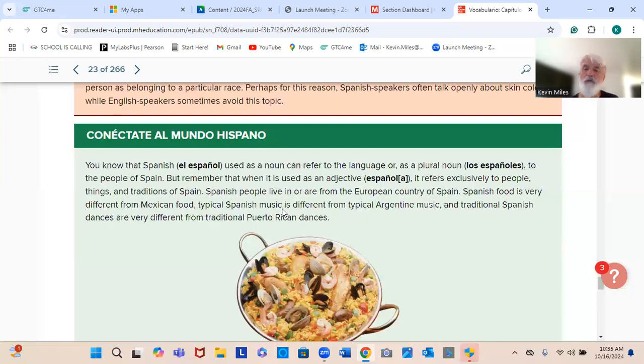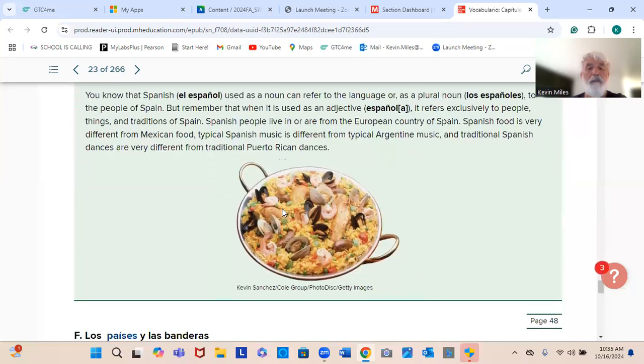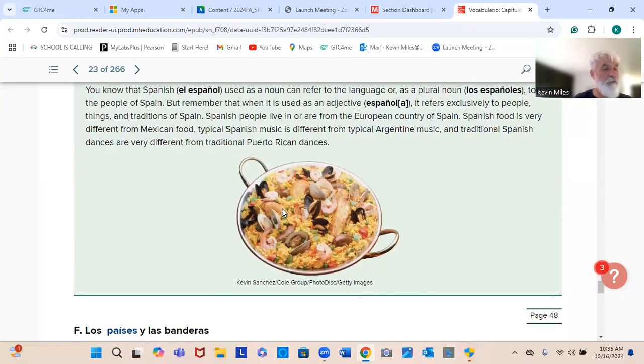These are these little cultural sections I talked about in the last chapter that they'll put in the book, and sometimes the whole section will appear on your test. They're going to test on this one, this specific one here on page 47, talking about el español y los españoles. Please take a look at it, how you use español to refer to the Spanish language or to the Spanish people, los españoles, to make sure you review that.